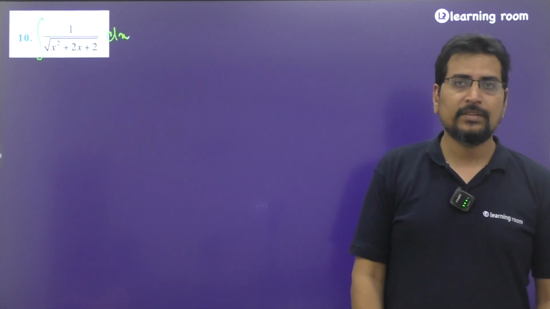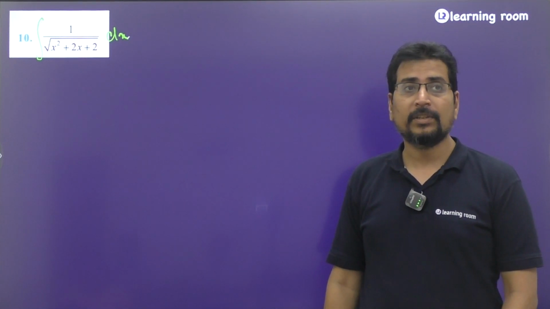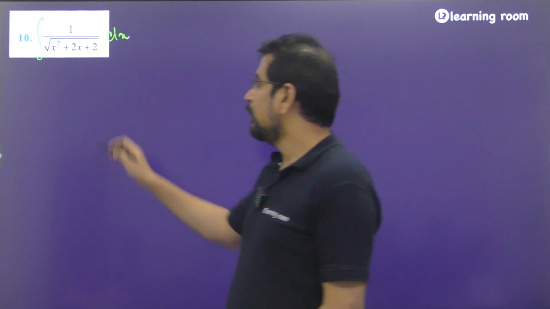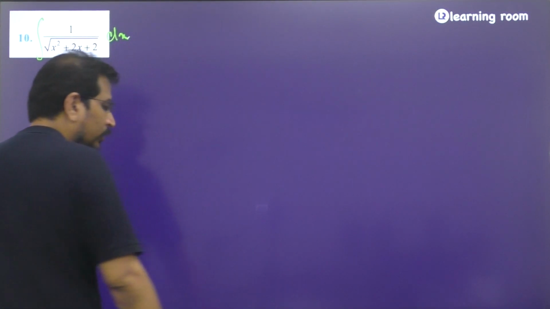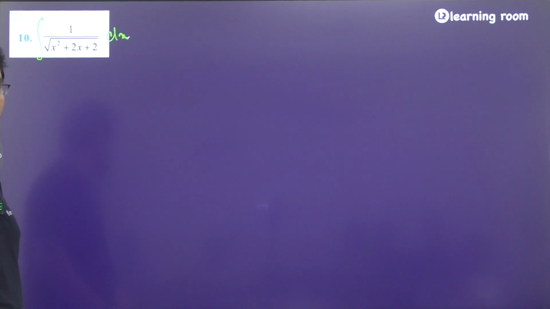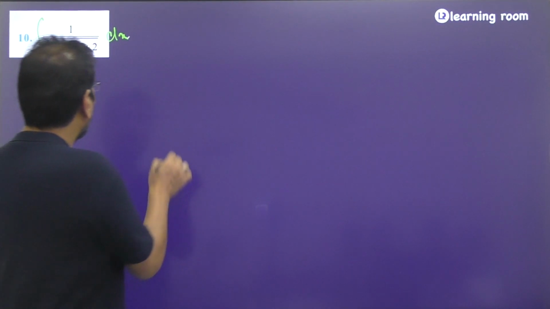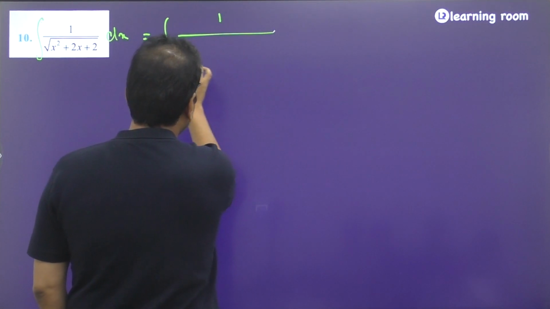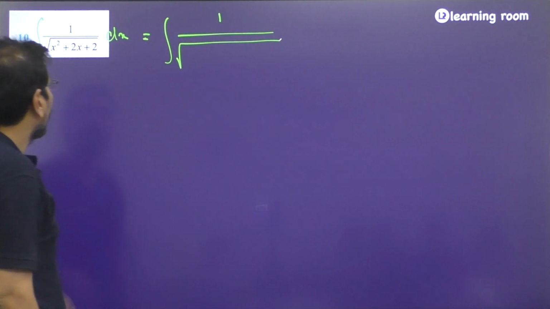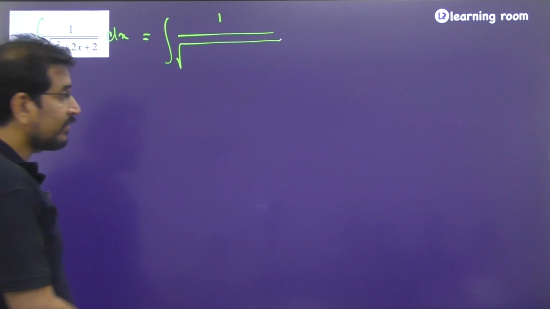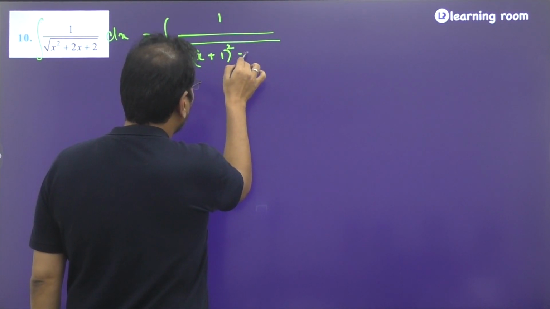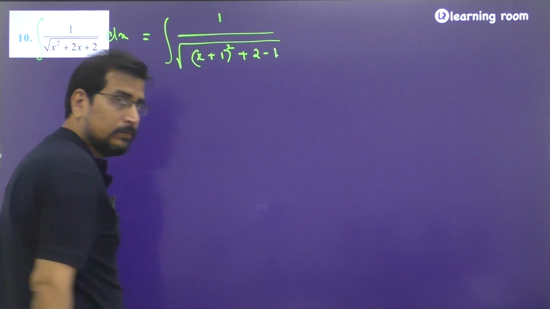So the 10th problem is 1 by root of x square plus 2x plus 2 times dx, right? So here, when it is 1 by root of ax square plus bx plus c, what are we supposed to do? You need to follow the completing the square method. So this will be equal to integral of 1 divided by square root of x square plus 2x plus 2, which means it will be x plus 1 the whole square plus 2 minus 1.